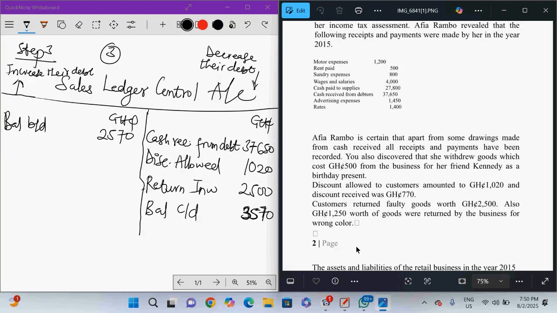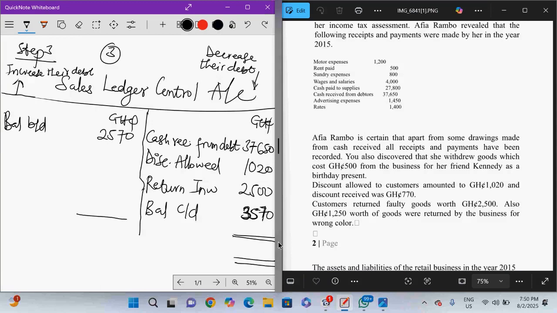All right, so that is it for the sales ledger control account. So the total is 44,740.